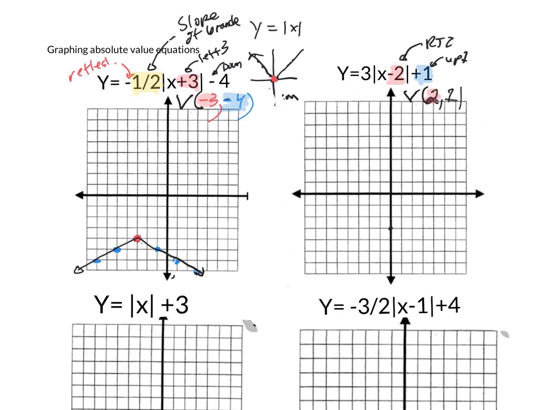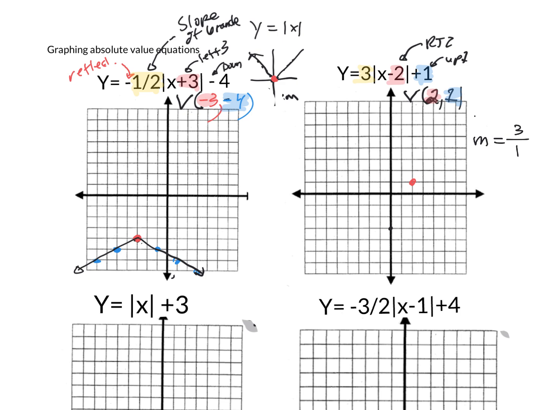So there's your new vertex. Since there is no reflection, the graph is opening up. The vertical stretch is going to be the slope of the branches. Because it has a vertical stretch by a factor of 3, the slope of the branches is up 3 over 1.